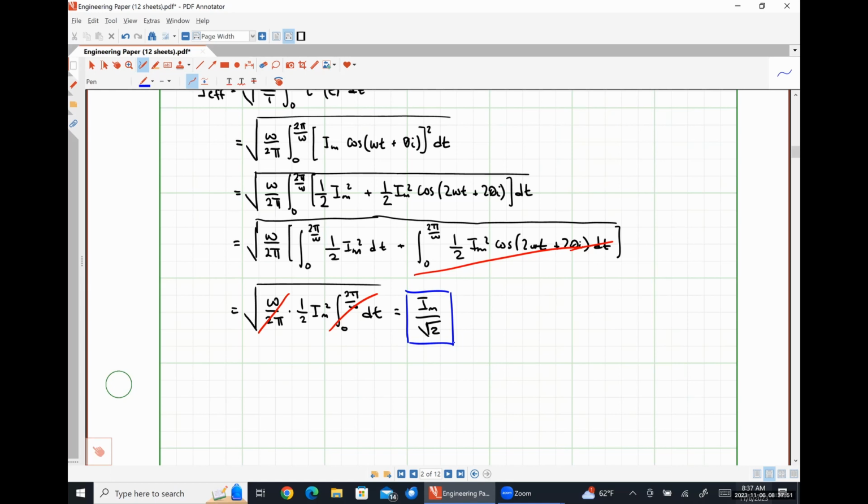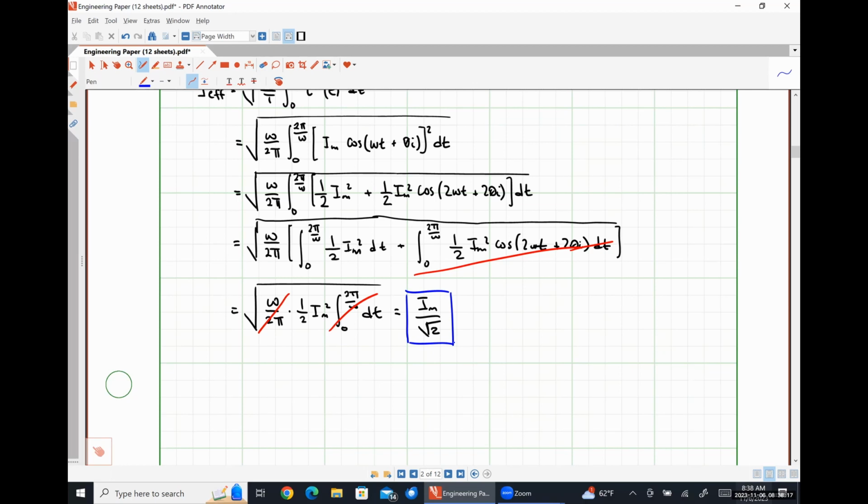What's really great about this is that the result we got is utterly independent of angular frequency. There is no omega in there whatsoever, which means this is equally valid here in the United States, where we operate at a linear frequency of 60 hertz or an angular frequency of 120 pi radians per second, or in Europe, where they traditionally operate at 50 hertz or 100 pi radians per second.